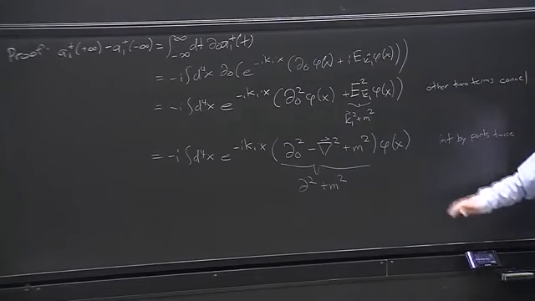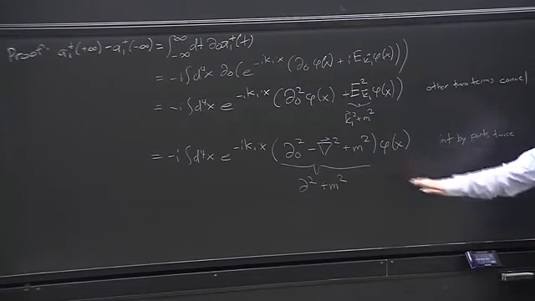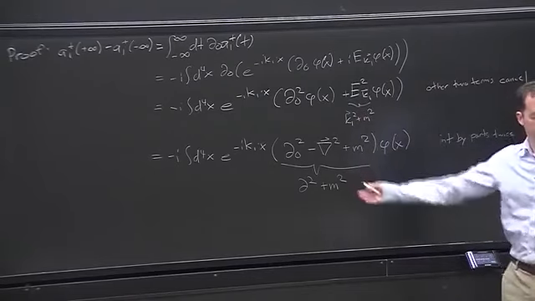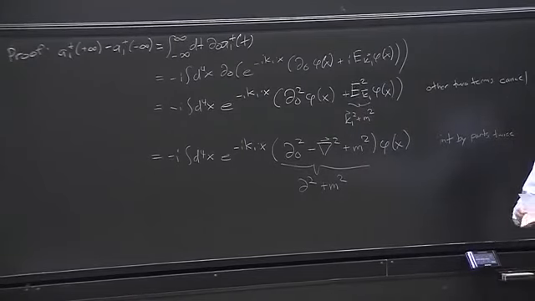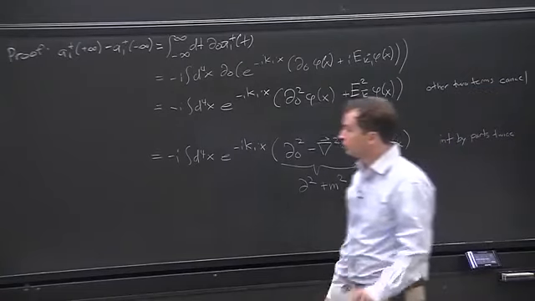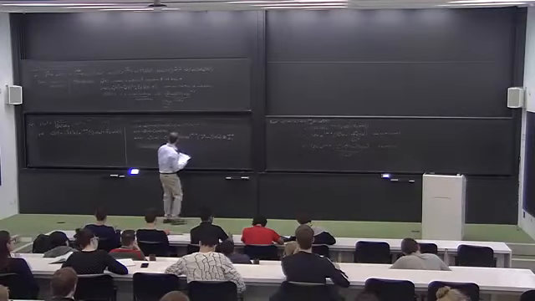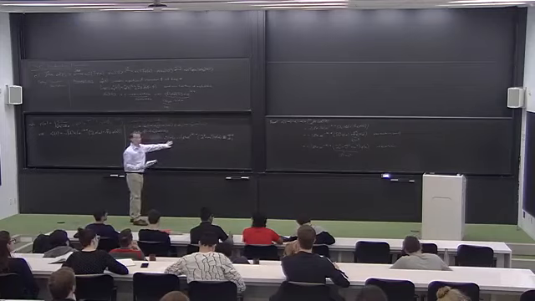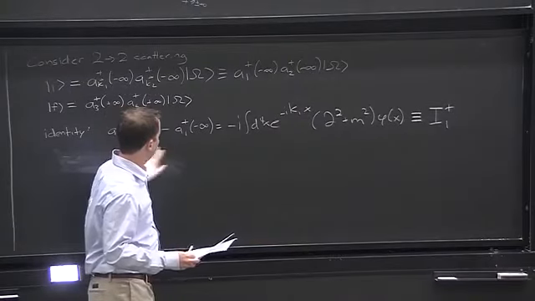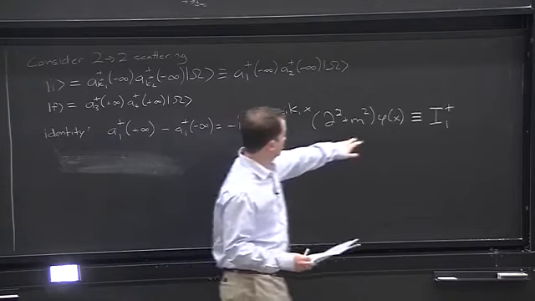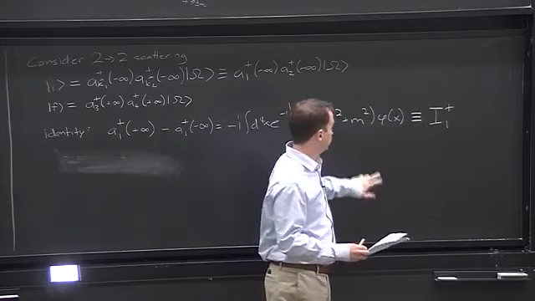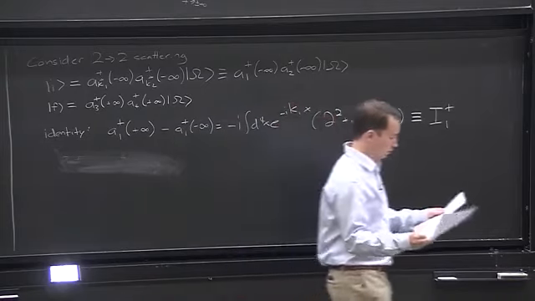So that's where that identity comes from. Just a few lines. And so here, we can relate the creation and annihilation operators in the far future and the far past to the field operators, which is what we want to do.